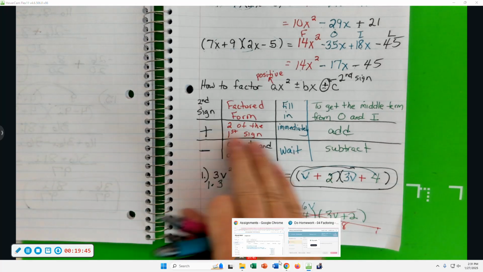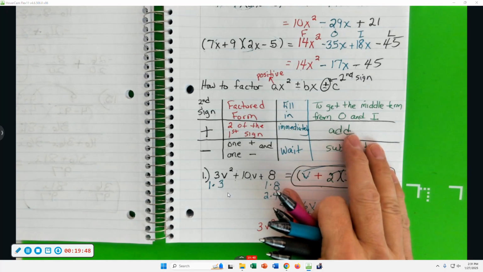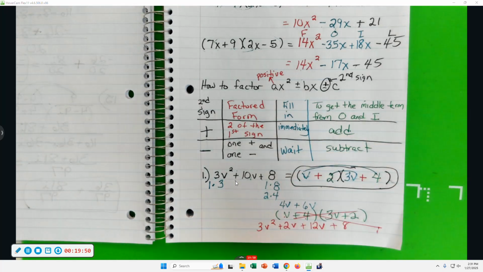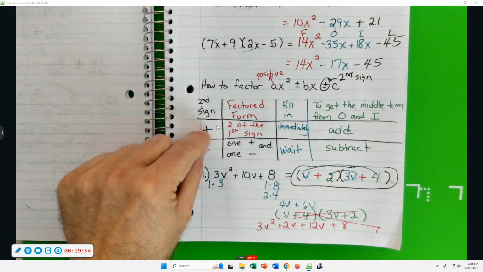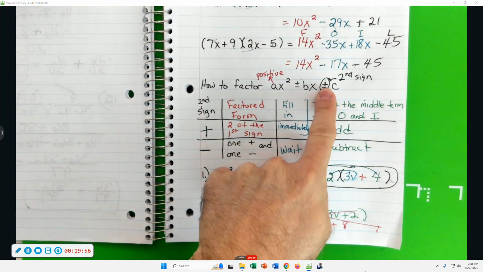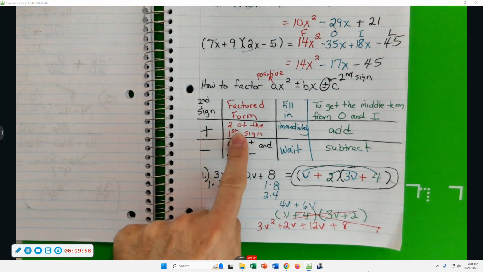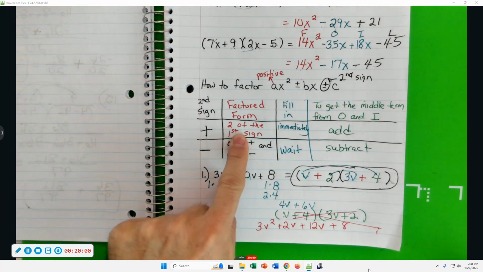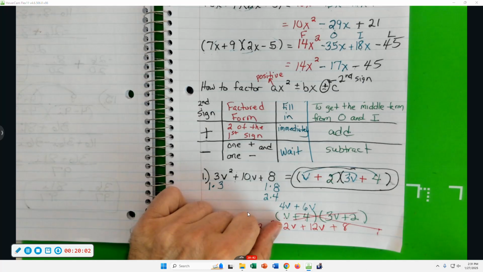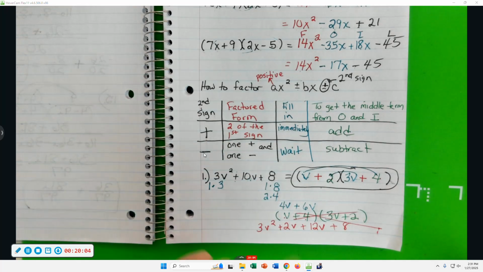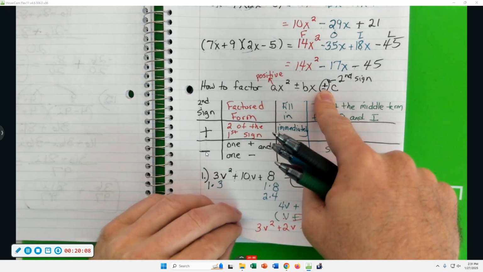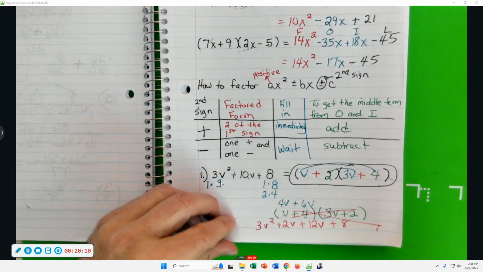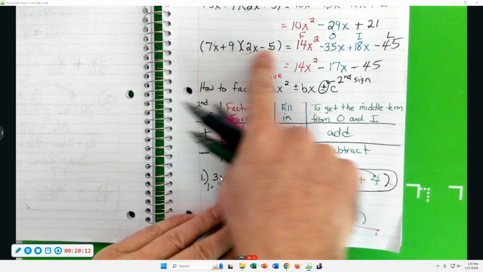So this table makes sense to someone that knows how to factor, but this stuff right here is sort of important. If that second sign is plus, two of the first sign, fill that in immediately. If the second sign is minus, that's the trickier one, because you've got to figure out where do I put the plus and where do I put the minus?